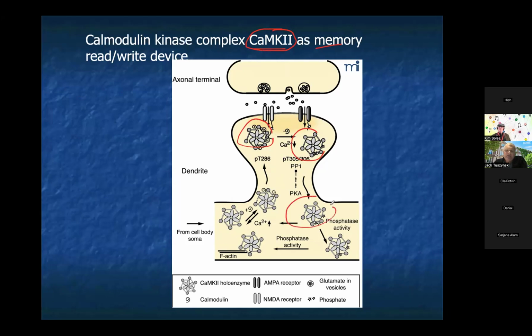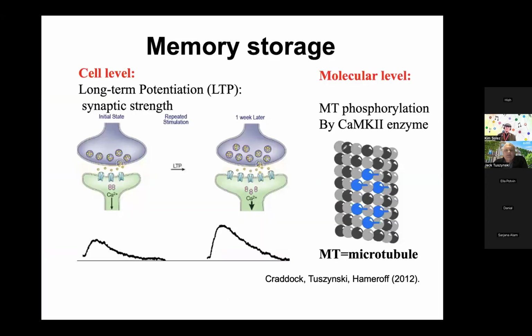to phosphorylate microtubules. And we claim that this phosphorylation is triggered by some signal from, let's say, a visual, tactile, or olfactory nerve signal, and that's how it works. So you have long-term potentiation at the cell level, but at the molecular level you have phosphorylation of microtubules.